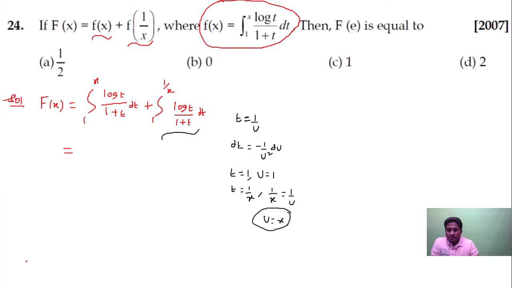So let us use the substitutions. The first integral I'll keep as it is. This is 1 to x, log t upon 1 plus t, and then plus integration of 1 to x of log of 1 by u upon 1 plus 1 upon u, with dt equal to minus 1 by u square into du.